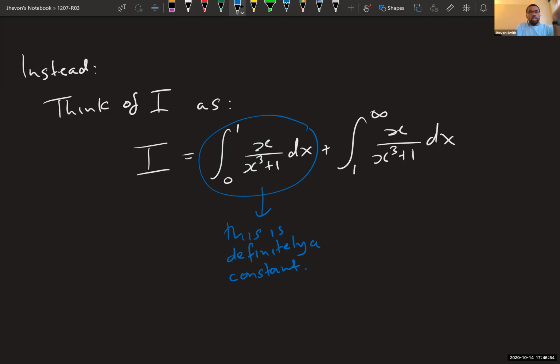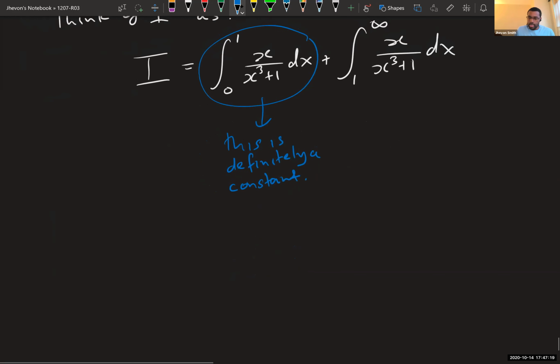No division by 0 is going on. It's not an improper integral. It's just the area under the curve between 0 and 1, and the curve is continuous on that interval. You should be able to see that that is actually just a number. So I can break this integral into two parts, where really it's the second part that's giving me trouble. And so what I would think of doing is apply the comparison theorem here.